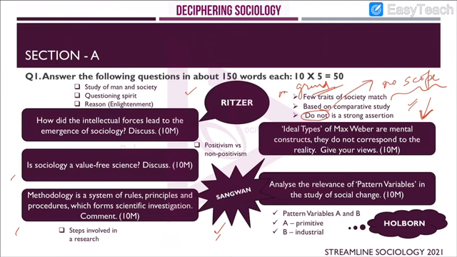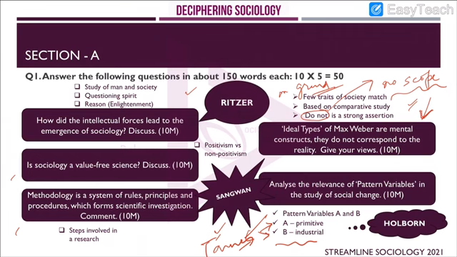Similarly, we have this question on pattern variables. Here, if you have read Holborn, the blue book, you would have read about pattern variables set A and B. You remember Gemeinschaft and Gesellschaft, given by Tonnies. Parsons had said that these pattern variables correspond to 2 sets of societies, primitive and industrial.